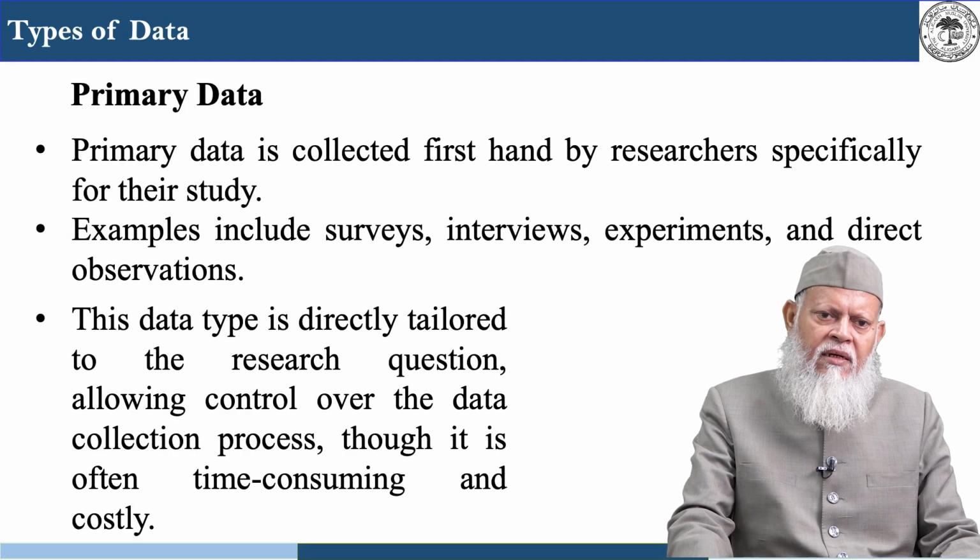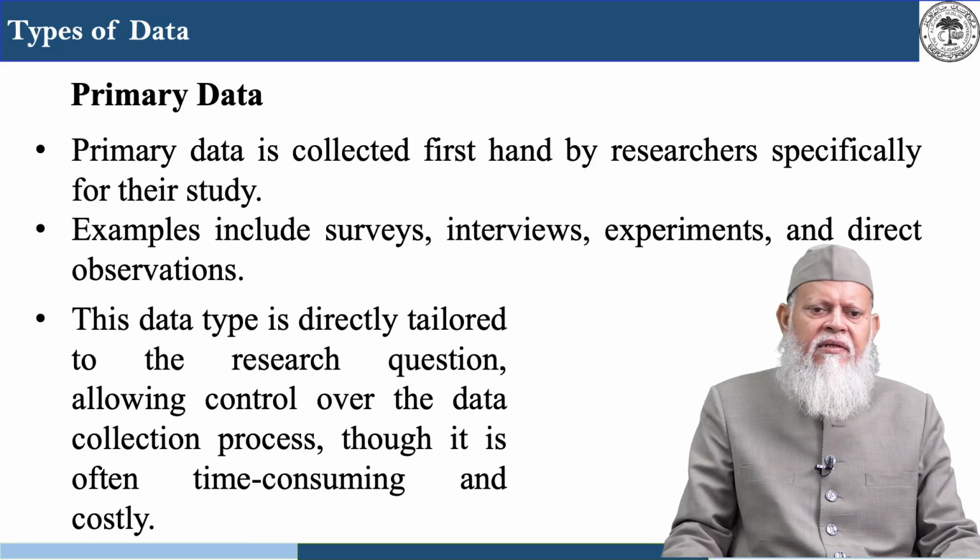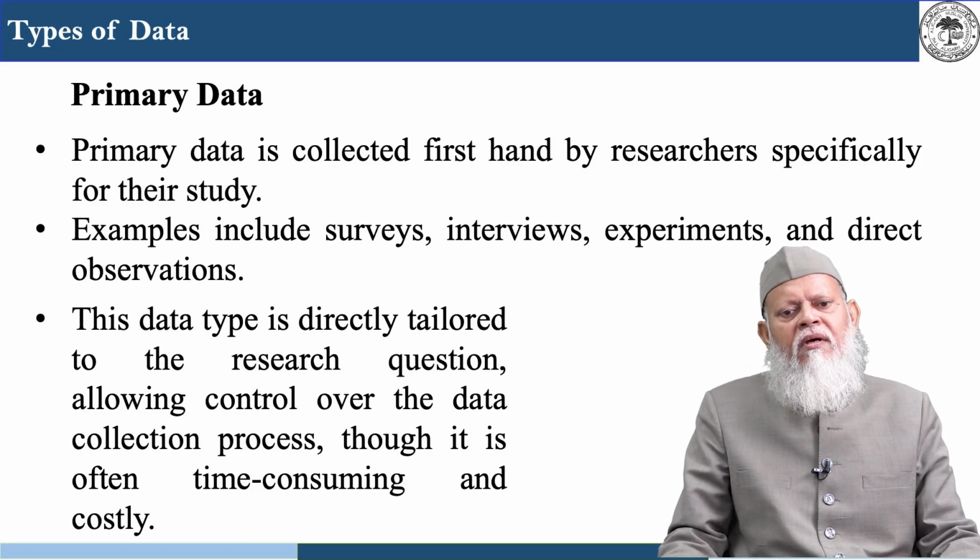So, the first is the primary data. Primary data is the data which is collected first hand by researchers specifically for their study, a study of the project, a study of the problem that they have been assigned.